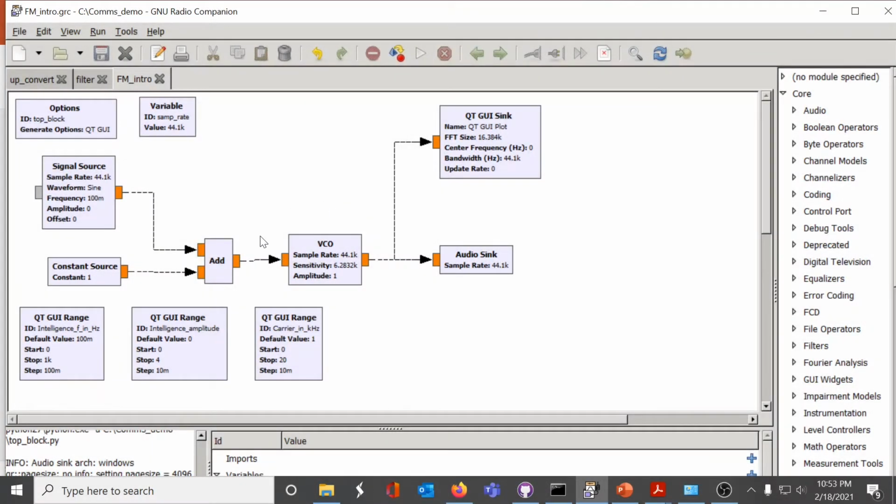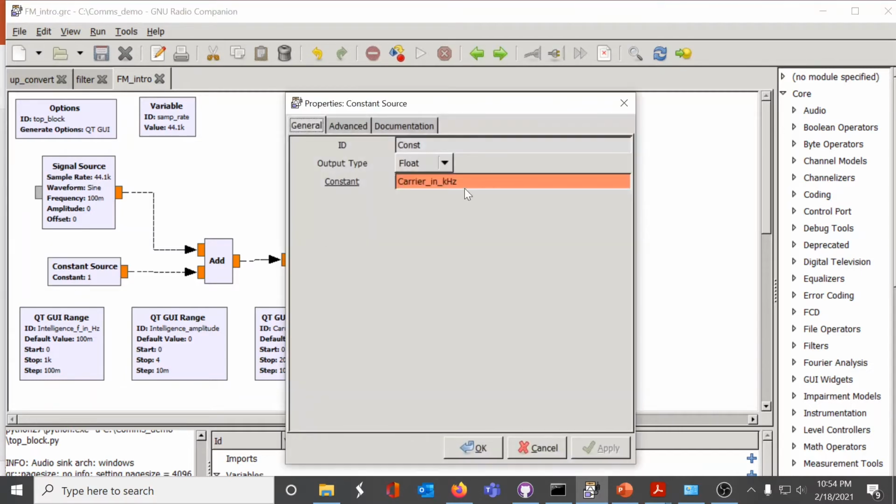In the center of the flow graph, we find the VCO. It has an adder attached to it. That adder has a sinusoid generator, and it also has a constant source generator. If we open this up, we see that the constant source is called the carrier, which is in kilohertz.